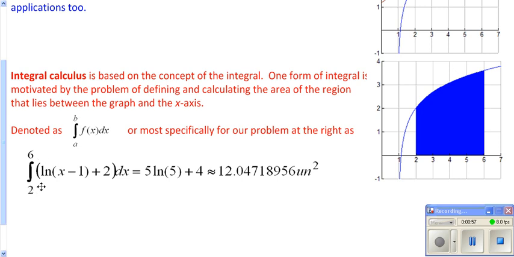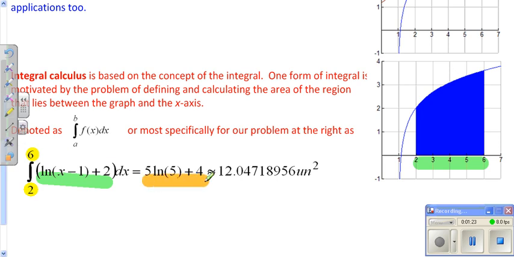So here, in this particular problem, we're looking for your area between 2 and 6 on your x-axis of this function. And that's displayed over here in blue. Now, this means find the area between 2 and 6 underneath that curve, between that curve and the x-axis. You will learn how to get the exact answer later, but that's here, and here's your decimal approximation.